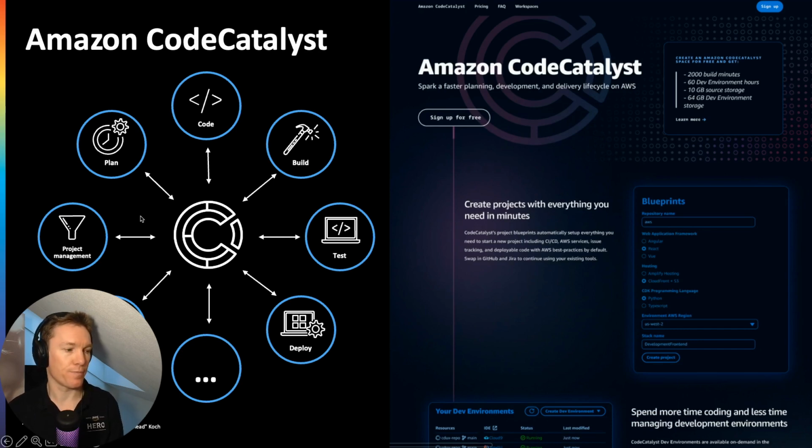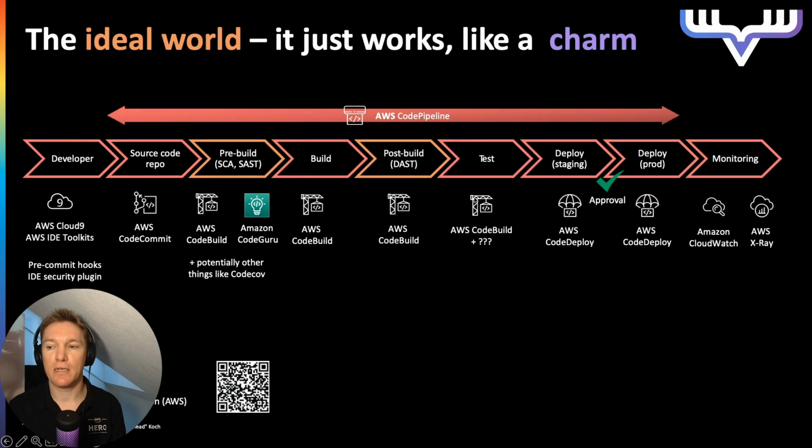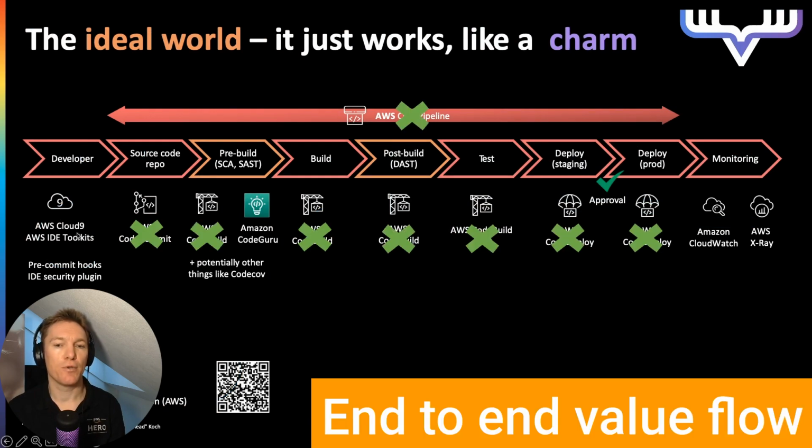If you look at this from an ideal world perspective, from a CI/CD pipeline, you as a developer start on the left-hand side. You will be working in your IDE, which can also be a cloud IDE. You will push that to a source code repository, then you will execute some automated tests, and then the software will at the end land in the production environment.